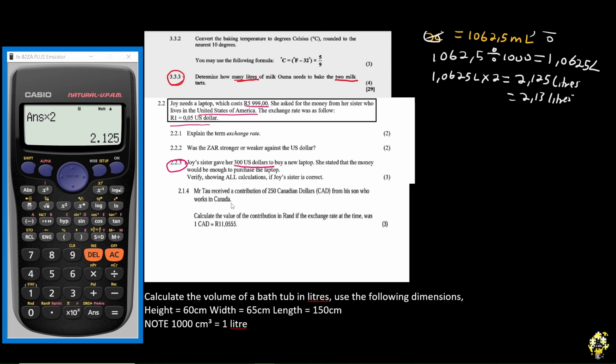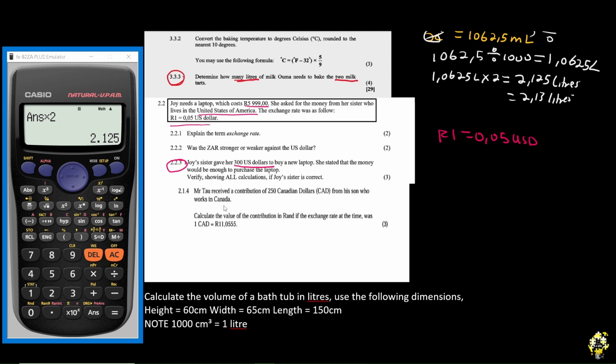So now the first thing again, conversion factor. It says that a rand is equal to 0.05 USD. Now, what do I have or what am I converting? Well, I am converting 300 USDs.